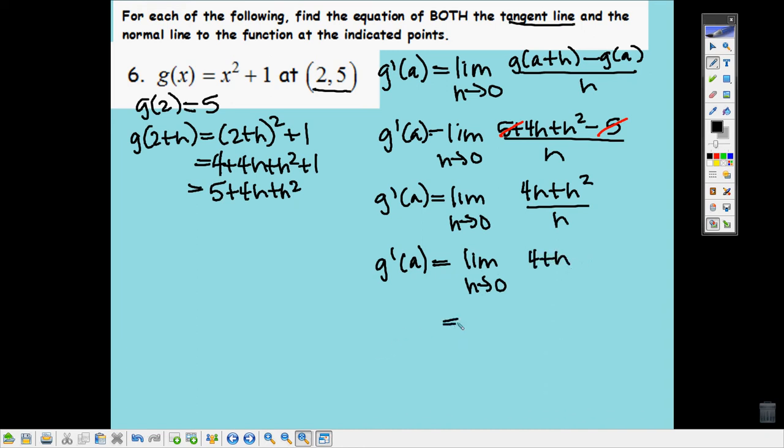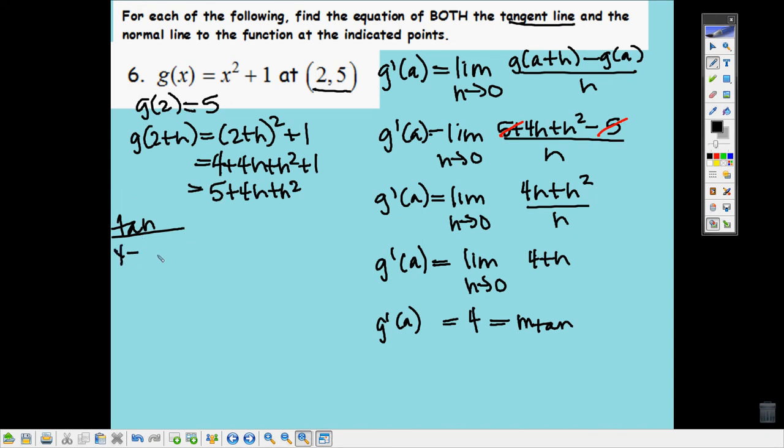And then, of course, we know that the limit of a constant is the constant, and the limit as this approaches 0 is going to be 0. So we have g prime of a is equal to 4. And remember that this is the slope of the tangent line. So when I want to write the equation of the tangent line, this time I'm going to use point slope formula.